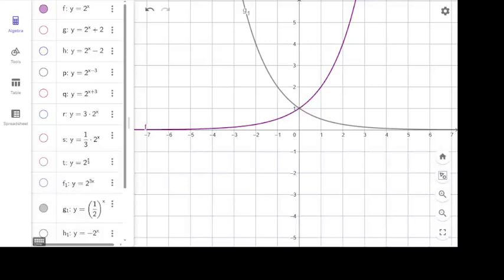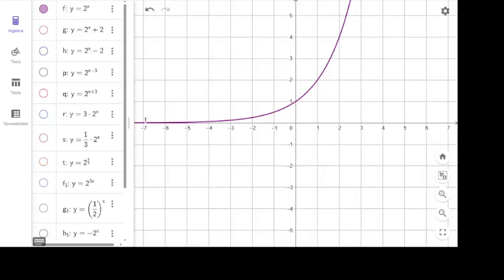To show transformation, I try to get y equals 2 to the power of x as my initial function and show all the transformations on the graph.